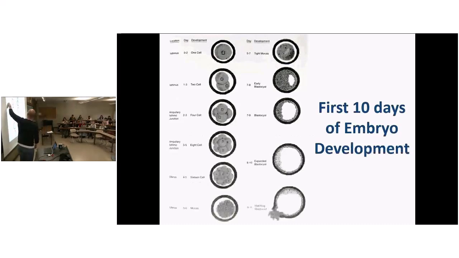So a 1 cell, a 2 cell, 4, 8, 16. Here you can call maybe an early morula, a compact or not type morula, but a mature morula.